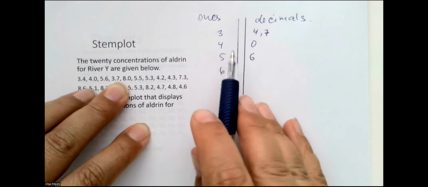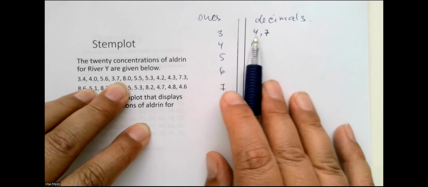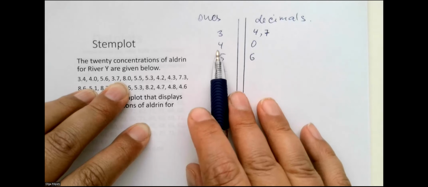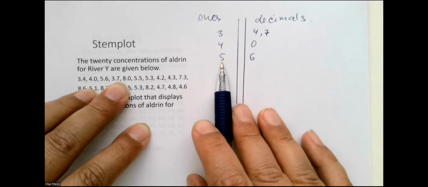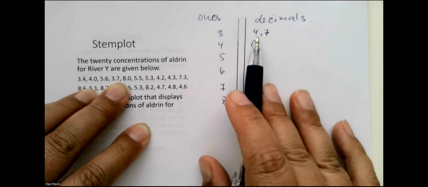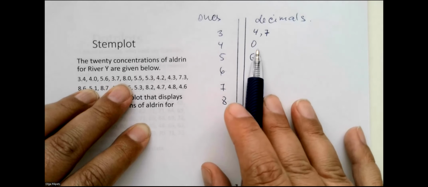Okay, so this way, once we're done, we're gonna know exactly how many values we had with the stem 3, how many values we had with the stem 4, with the stem 5, and so forth. And we're gonna see exactly what kind of leaves we have.